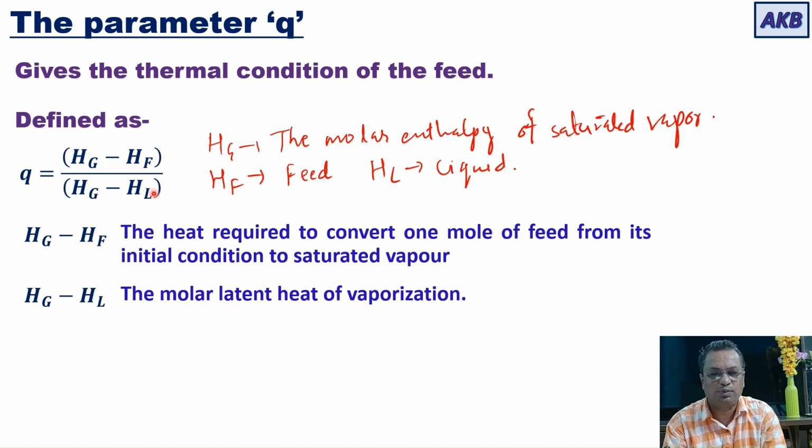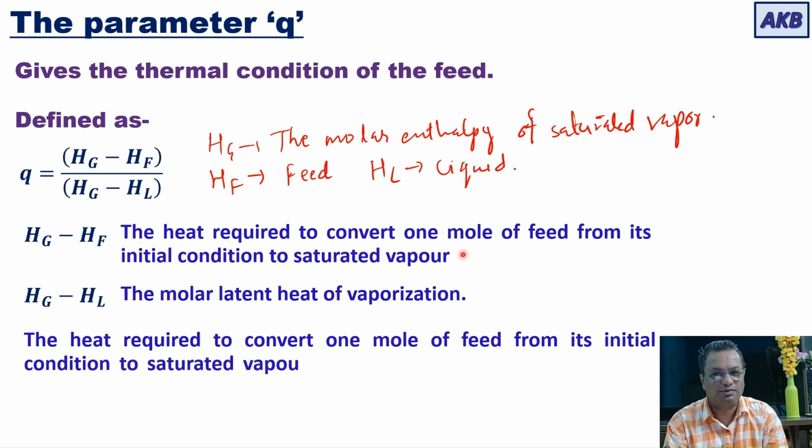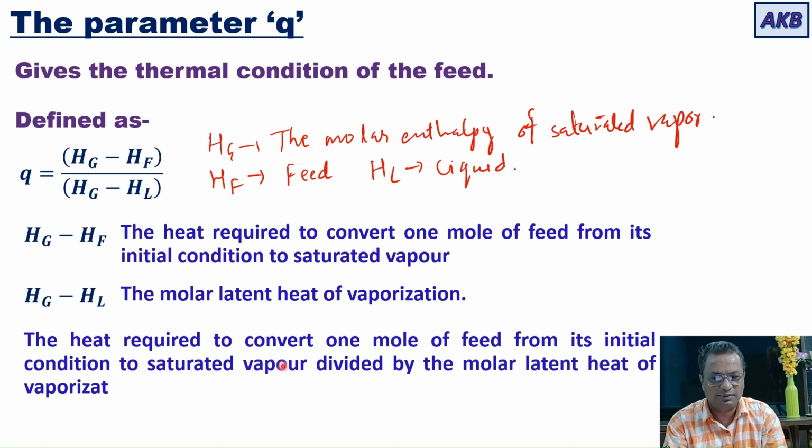So as per this equation, Q is the ratio of these two quantities. That's why you can define the parameter Q as the ratio of the heat required to convert 1 mole of feed from its initial condition to saturated vapor to the molar latent heat of vaporization.